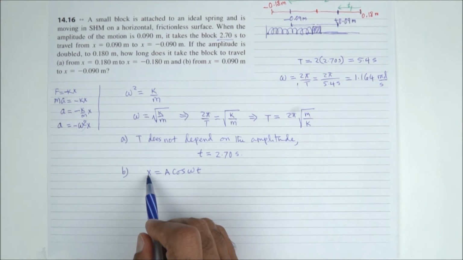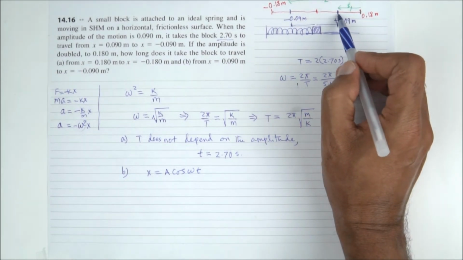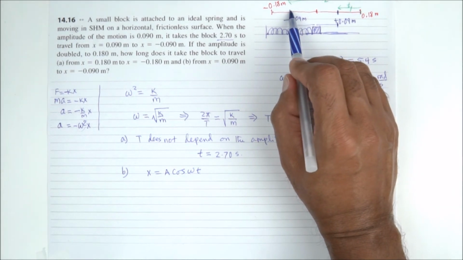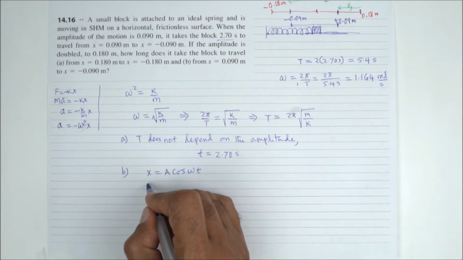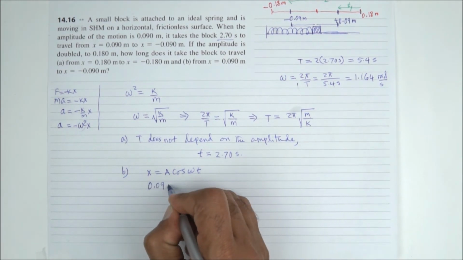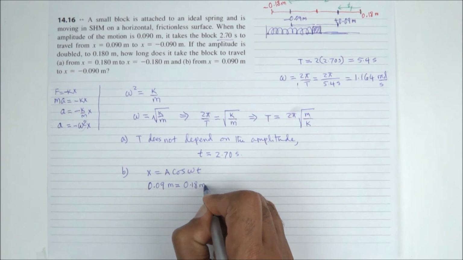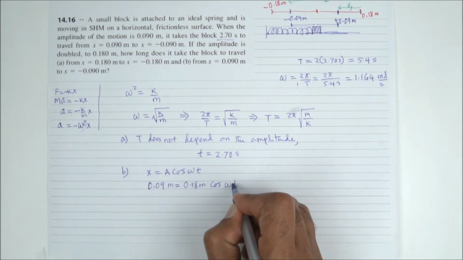The position is 0.09 for T1 and negative 0.09 for T2. So for T1, 0.09 meters equals A, which is 0.18 meters, times cosine omega T1.